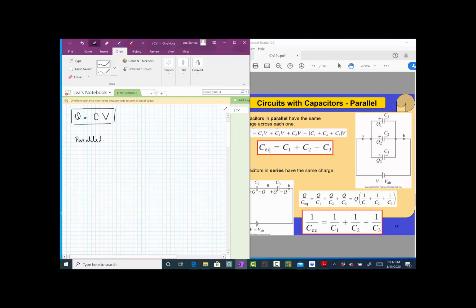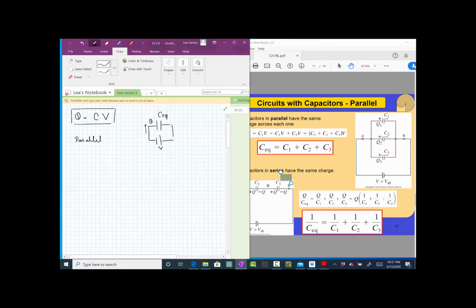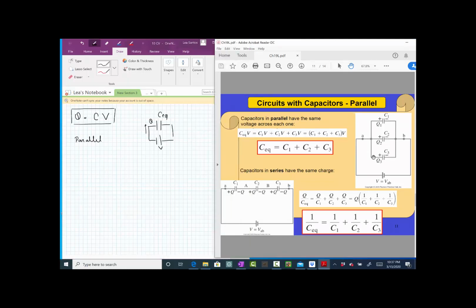All right, what we want to obtain is a circuit where I have a single capacitance, this C equivalent, a single capacitance that will draw from this battery the same Q that we have in this circuit in parallel. Okay, so we want to find what is this equivalent capacitor. So what do we have for this circuit in parallel? Very similar to what we talked about when we had resistors.